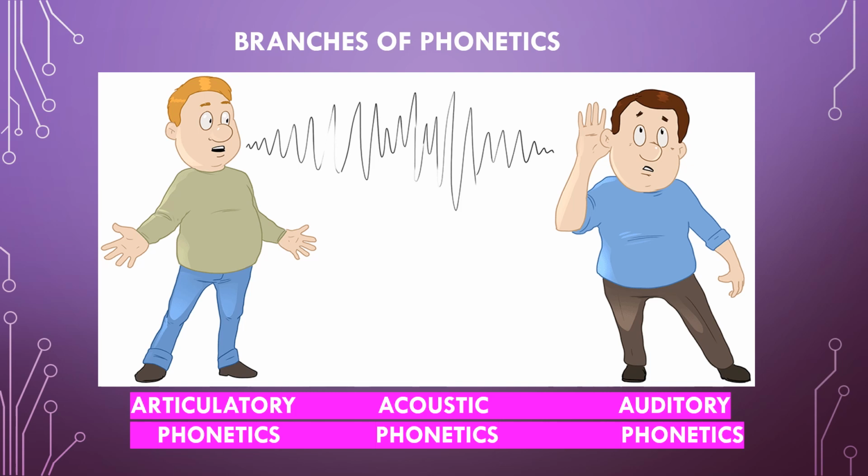It studies the physical properties of sound like frequency, amplitude, pitch, etc. in the transmission. Auditory phonetics studies the reception and perception of speech sounds. Articulatory phonetics is of greater importance for us, so we'll look at it in greater detail in the upcoming lectures.